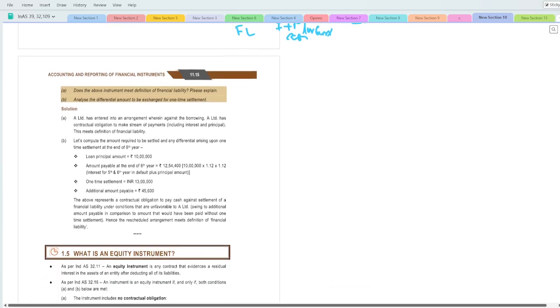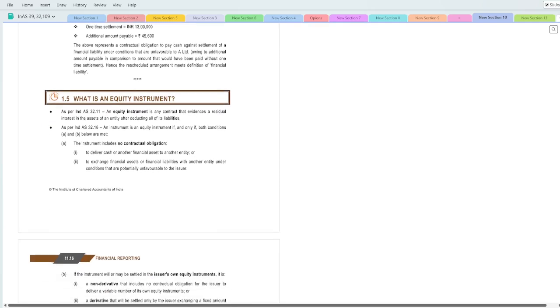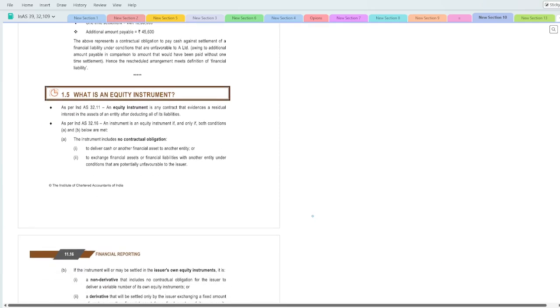Now coming to the definition of the equity instrument. Equity instrument is completely opposite of the financial liability. Just a minute, I will be preparing it.